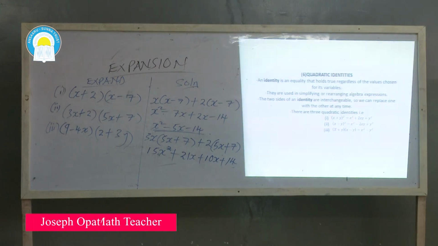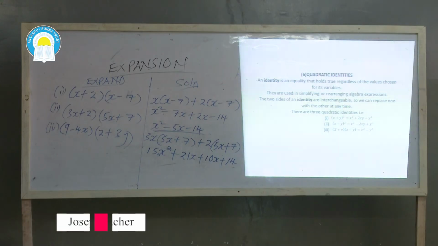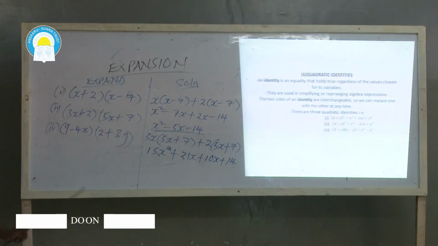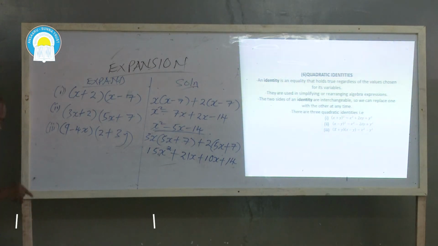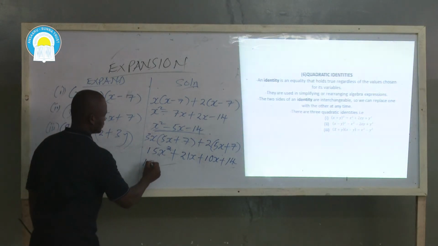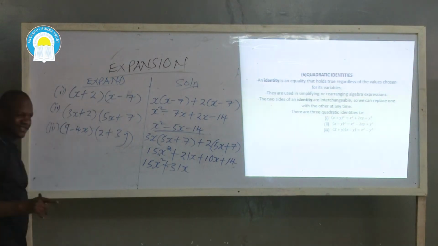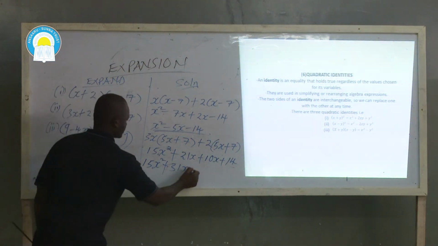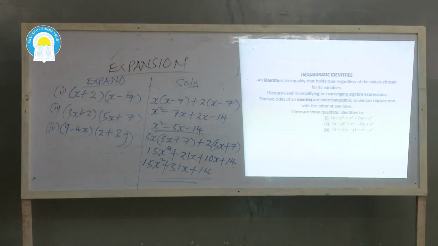Then your like terms. In this case, what do you have as like terms? 21x and 10x. When you put them together, what do you get? 31x. So what should be your final answer? 15x squared plus 31x plus 14. Is that okay? Good. So I believe now you can do this one on your own.